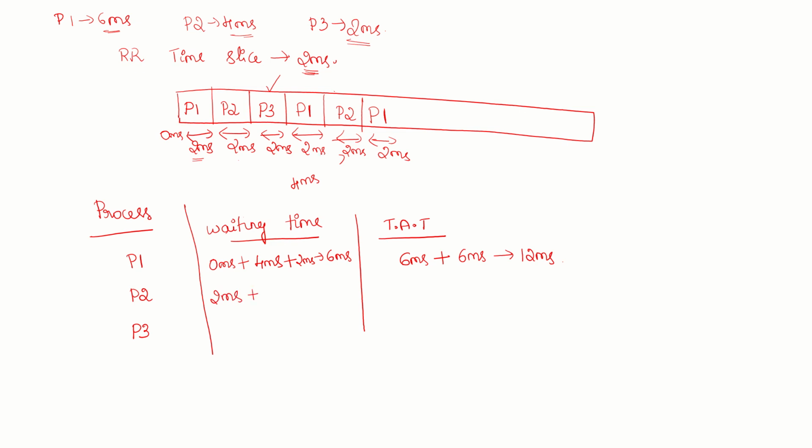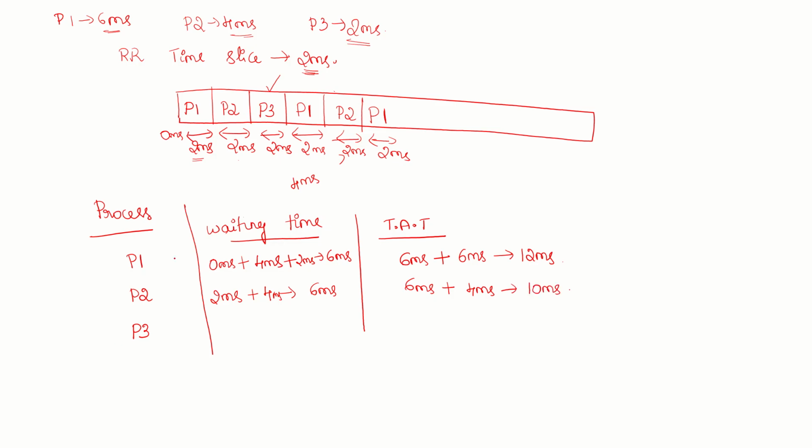Next, again P2 came after 2 milliseconds of P3 and P1. So I will write it as 4 milliseconds. So it is 6 milliseconds again. So here turnaround time is 6 milliseconds plus its execution time is 4 milliseconds. I will write it as 10 milliseconds.